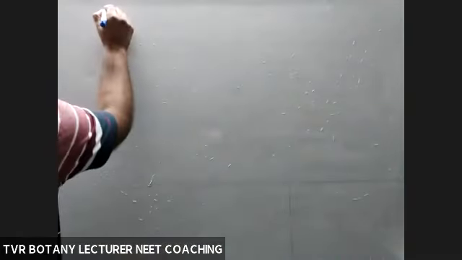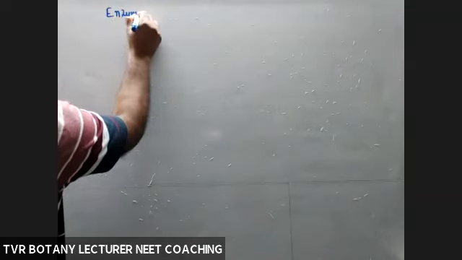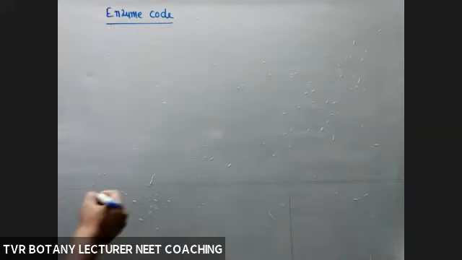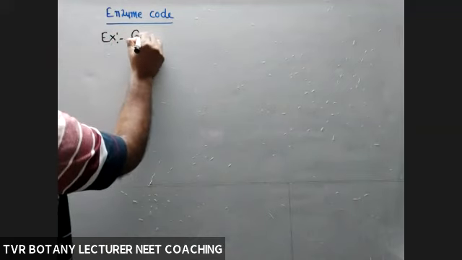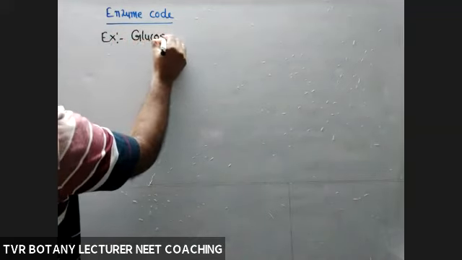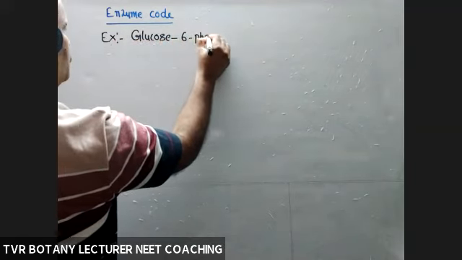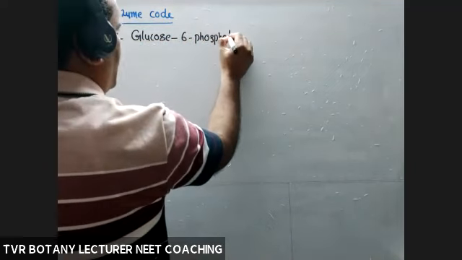Now, enzyme code. Enzyme code, EC. So one example is given in our textbook. The given example is the enzyme code of glucose 6-phosphotransferase.